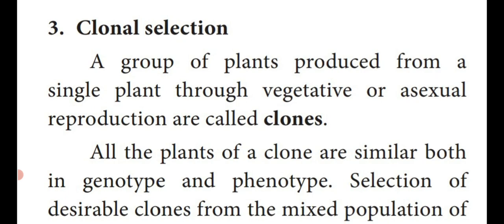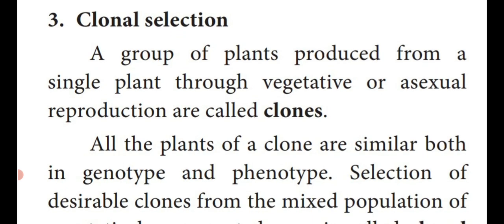The next one, clonal selection. This selection is otherwise known as an asexual reproductive method. Dear students, we already studied that one of the asexual reproduction methods is vegetative propagation or vegetative reproduction. Here, a group of plants are produced from a single parent, not from two individual parents.